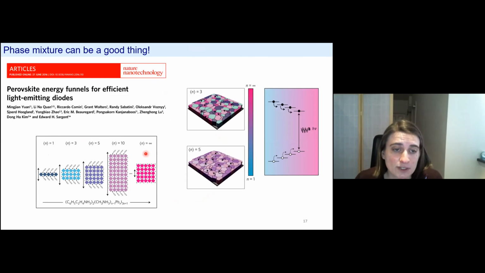There's some engineering work that's been done in the field in high-profile journals showing that you can use this carrier funneling to get a really bright emission, much brighter than you would get from just having the 3D phase. However, if we are trying to study how a particular 2D phase behaves in the film, or if we want to make a device from a specific 2D phase, then we do need to control the phase distribution a little bit better.